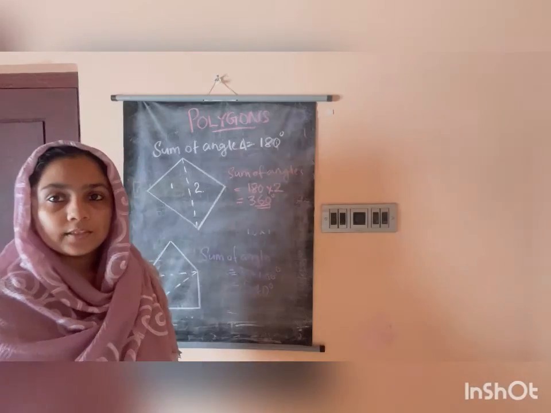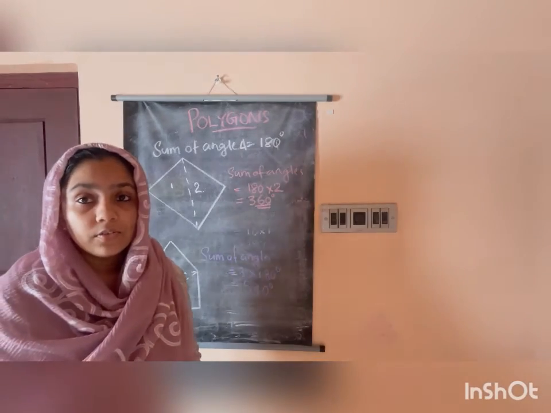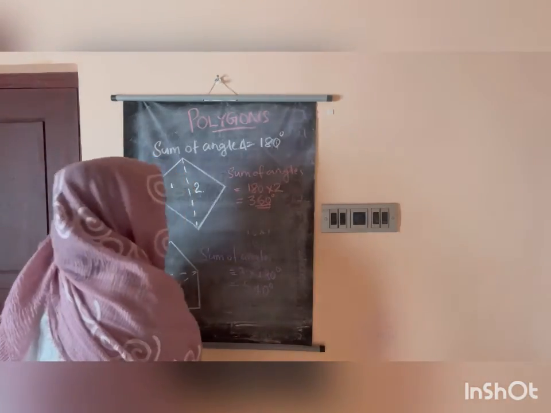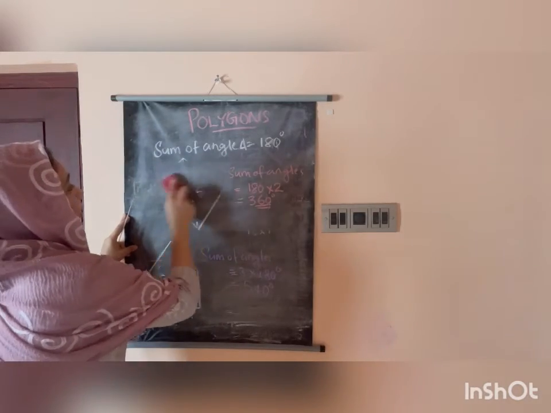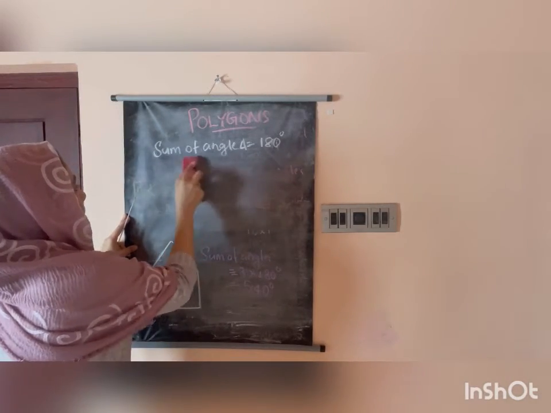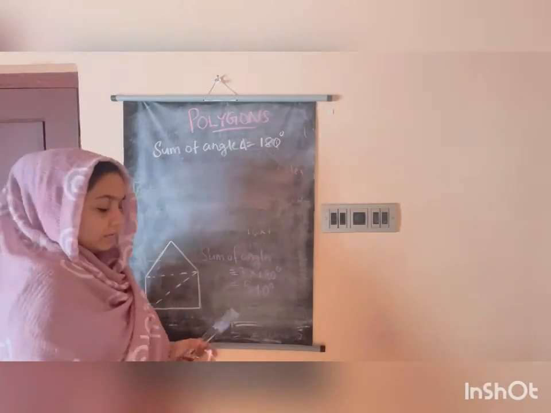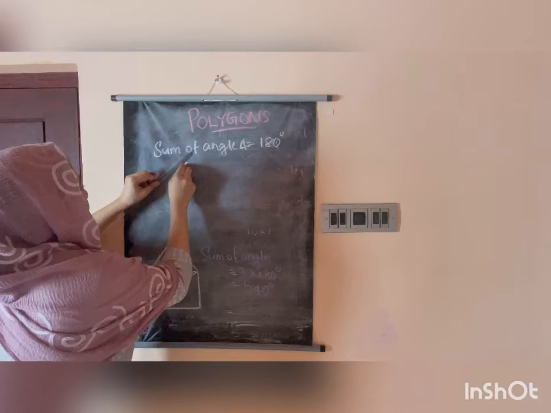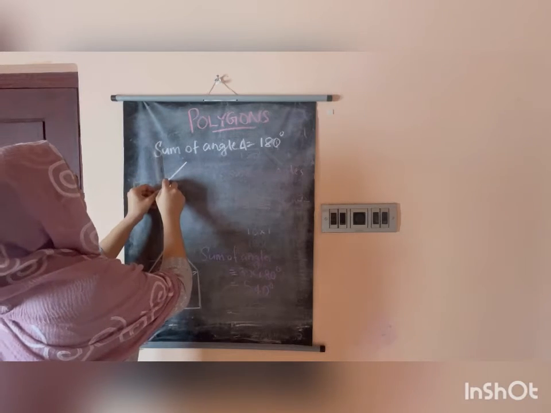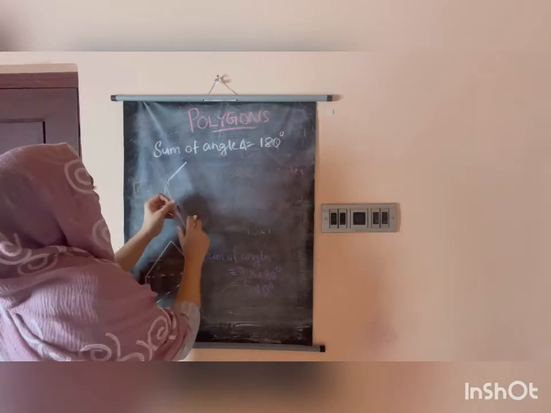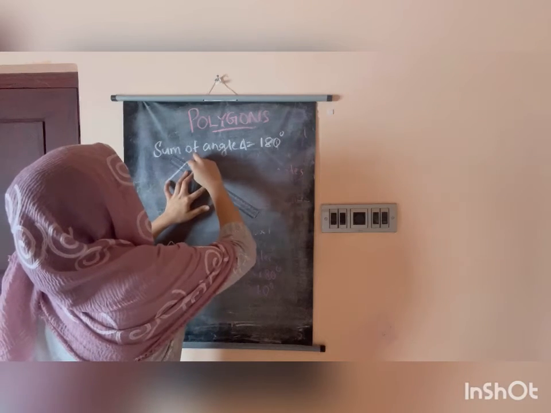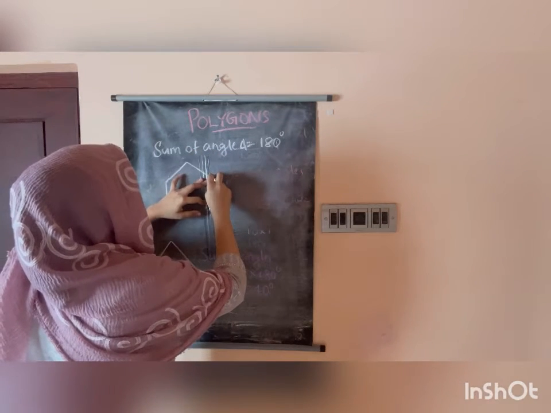Now we need to discuss the sum of angles of a hexagon. I will erase this and draw here. A hexagon has how many sides? Yes, a 6-sided hexagon. How can we split it?